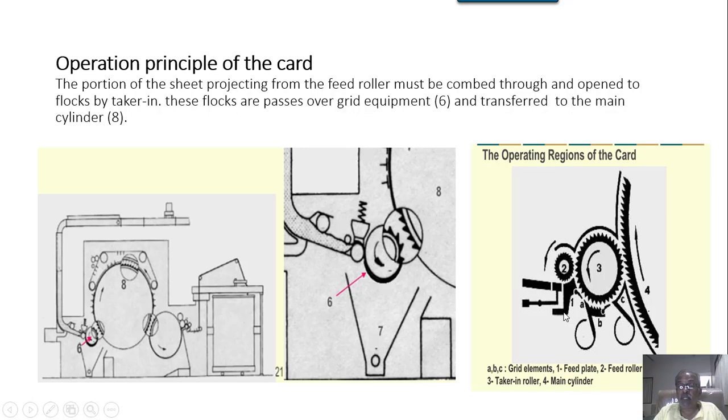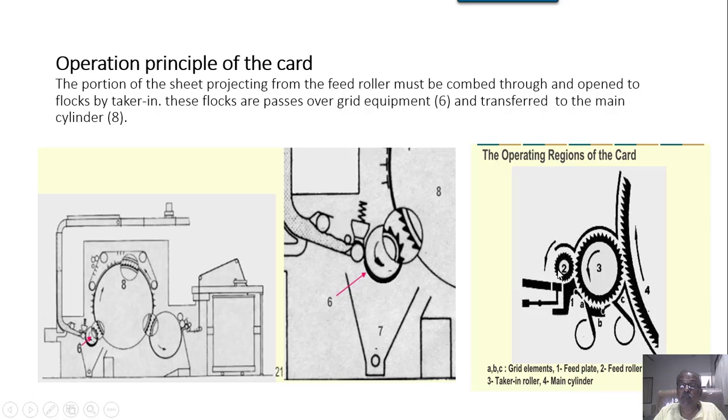So once your feed roller is feeding to the Licker-in and the feed plate is gripping that material, here they have a different system. In the Trützschler arrangement, you can see the feed plate is above. Here they have maintained the feed plate below.